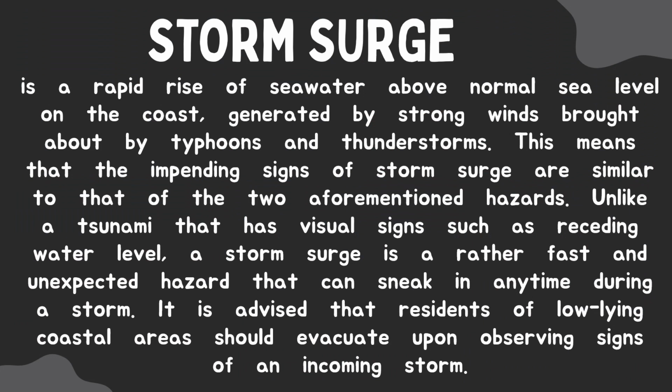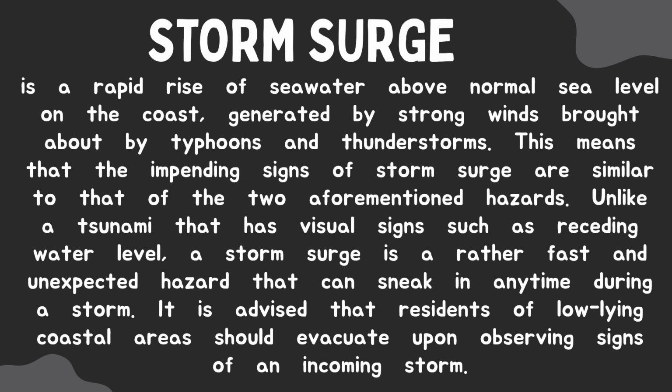Okay. Lastly, we have storm surge. Now, when we say storm surge, it is a rapid rise of seawater above normal sea level on the coast, generated by strong winds brought about by typhoons and thunderstorms.